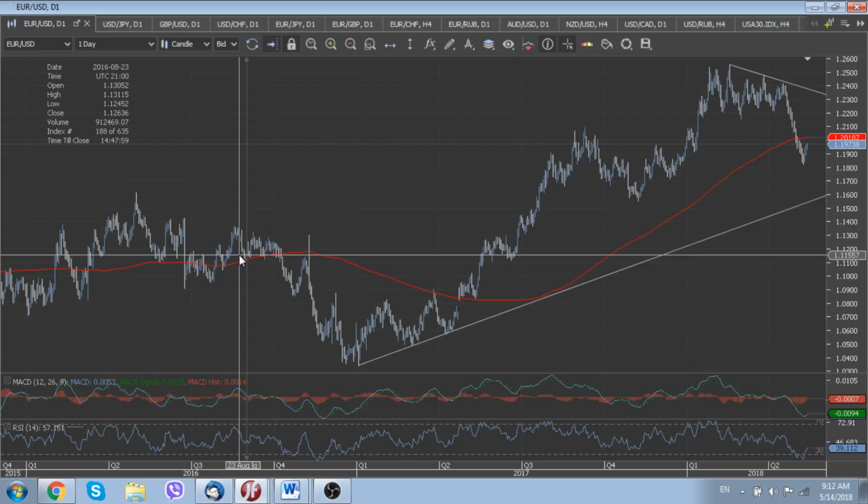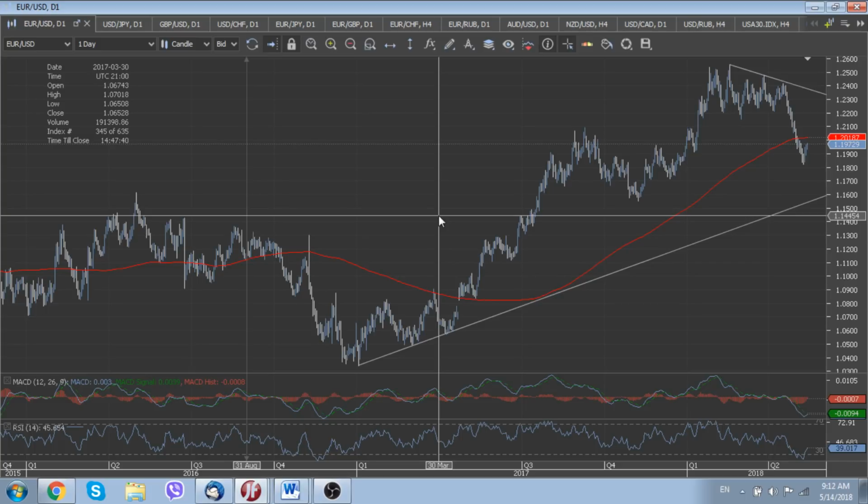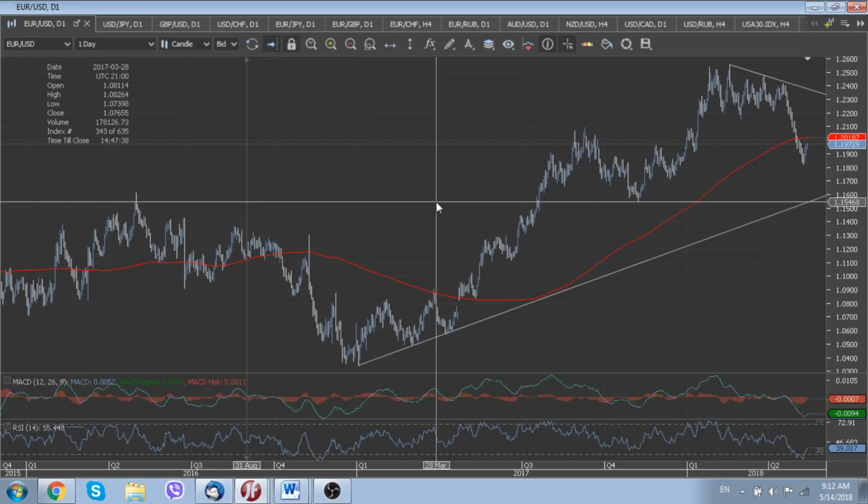Of course, from a technical point of view, the euro-dollar is a sell on the rally currency at the moment. Anyway, speaking longer term, we are not so pessimistic regarding the euro-dollar, and we don't expect the pair will slump to the lows of 2017 around 1.155.